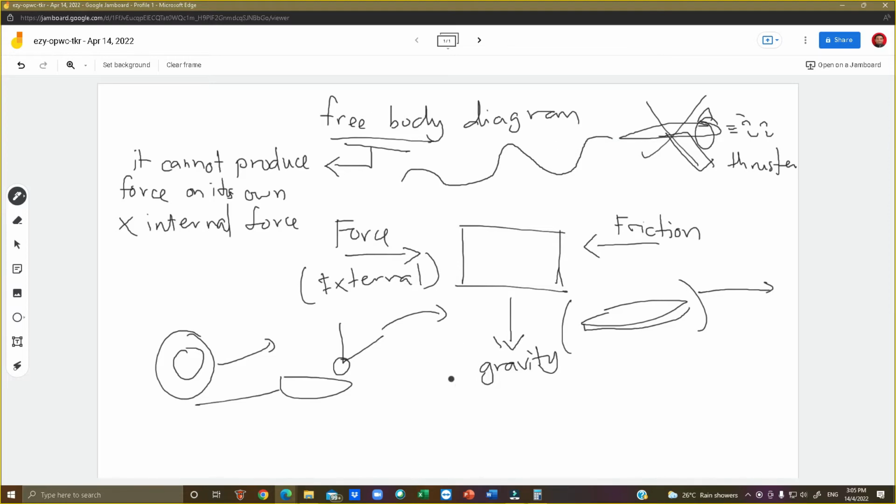Okay, manusia falls from the plane downwards. Free body diagram. Jatuh ke bawah kan. Tu masa dia jatuh tu free body because it cannot change direction on its own. Tak boleh. Tapi bila dia pakai wingsuit, dia can change direction to left, to right. Dia dah gliding. Okay, they are gliding.